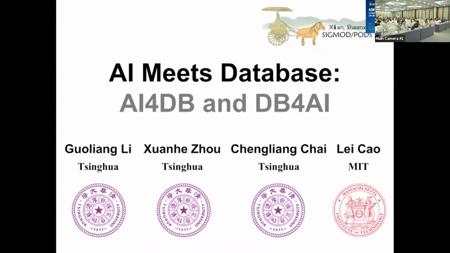We can also use reinforcement learning techniques to tune the knobs, which can increase the performance of the database. We can also use some learning-based techniques to recommend indexes and views to enhance the database performance.